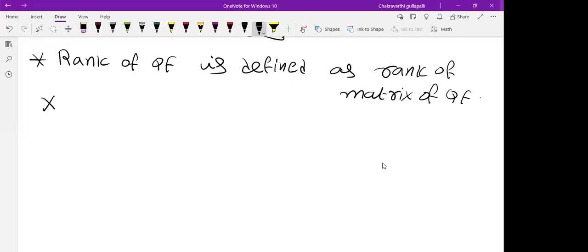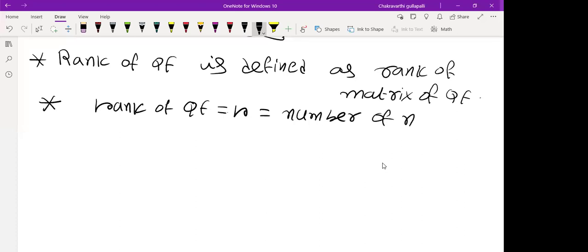Another way is also there. The rank of the quadratic form, denoted by r, is equal to the number of non-zero eigenvalues. It may be negative, it may be positive. The number of non-zero eigenvalues of A is also the rank.